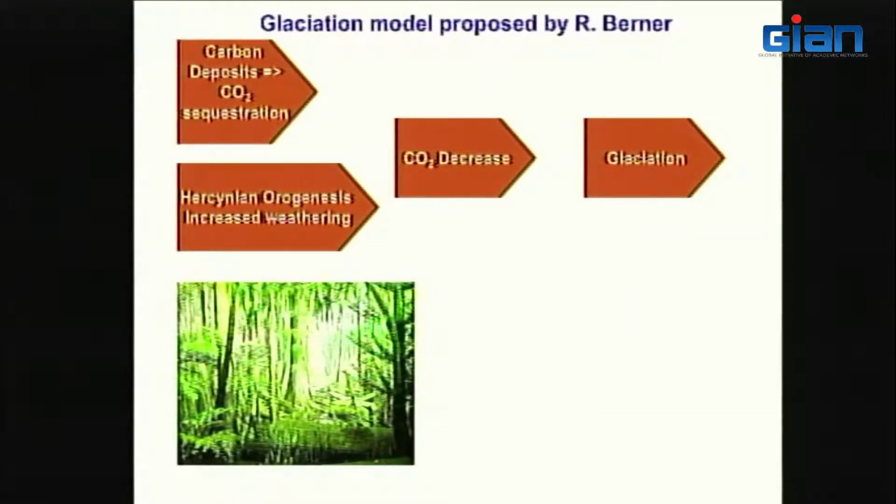So the CO2 will decrease and you will get cooling and a glaciation. This is a model by Bob Berner. This is quite simple, but I think that this is quite a correct model. And now to that you add clearly the installation of huge ice sheets, an ice cap, located on the map that I just showed you.